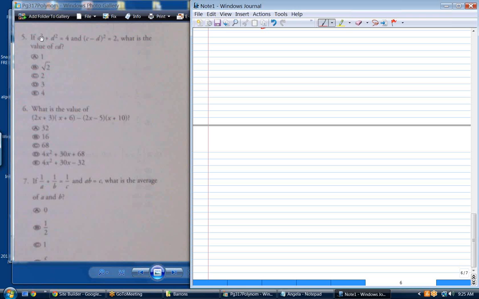The previous one had c squared plus d squared and c squared minus d squared. This, if we expand it, is what? c squared minus 2cd plus d squared. So that's equal to 2.